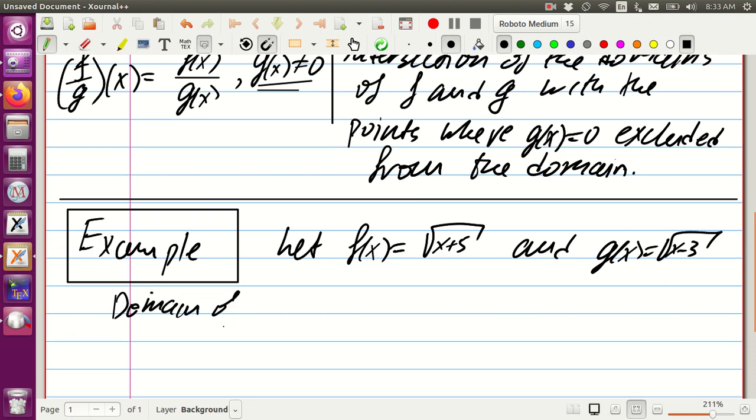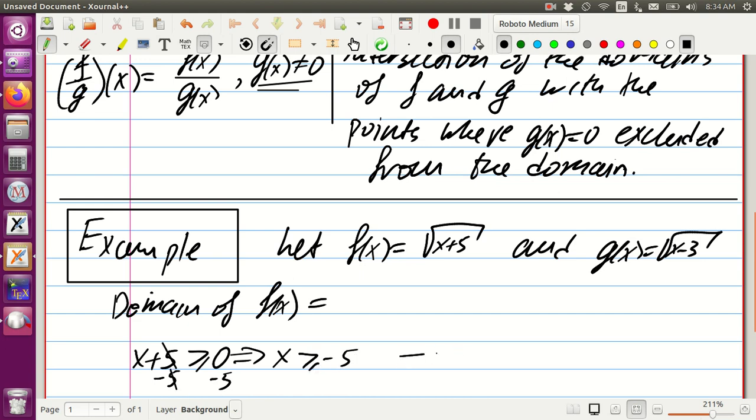So domain of f is, let's try to figure it out. We have to take x plus 5 and set it greater than or equal to 0. If we subtract 5 from both sides, we get x is greater than or equal to negative 5. So graphically we have negative 5 and everything to the right would work. So the domain will be bracket negative 5, positive infinity, parenthesis.